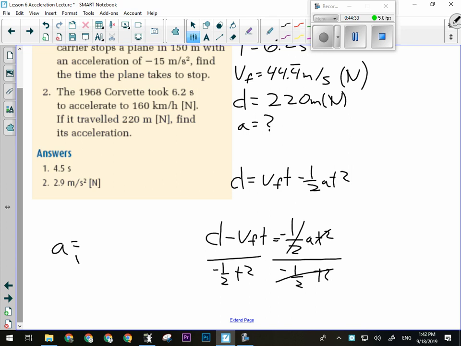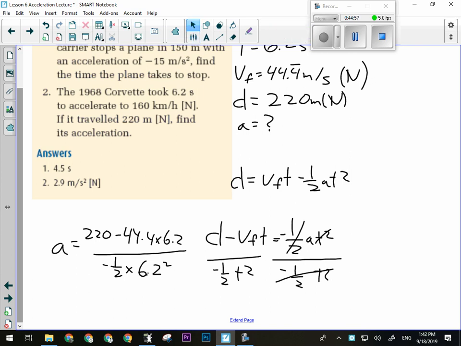So A will equal, sorry, not square root. A will equal 220 meters minus 44.4 times 6.2 seconds, divided by negative 1/2 times 6.2 squared.